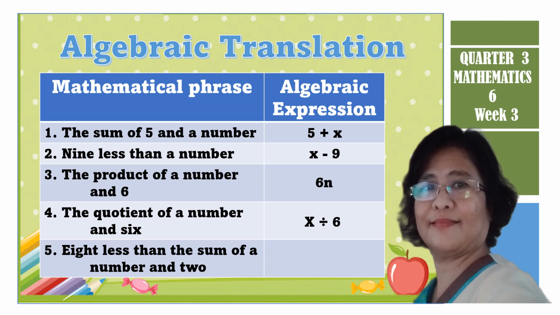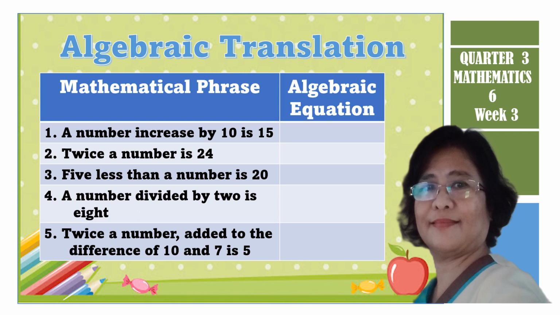And number 5, 8 less than the sum of a number and 2. Did you get the correct answer? What is the correct answer? The correct answer is x plus 2 minus 8.